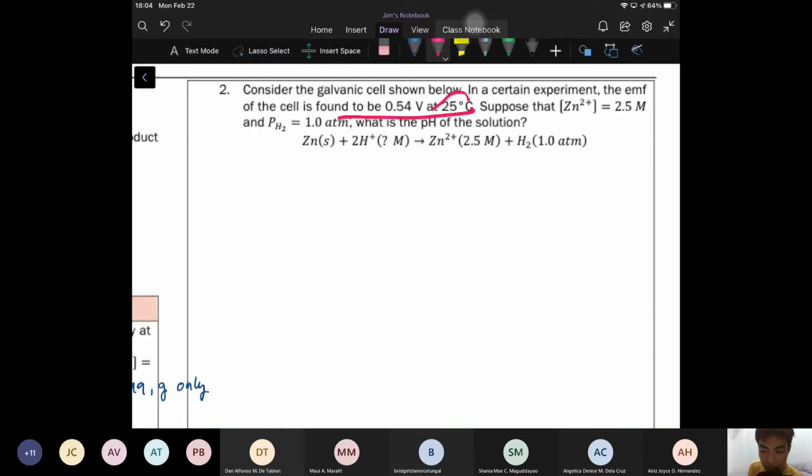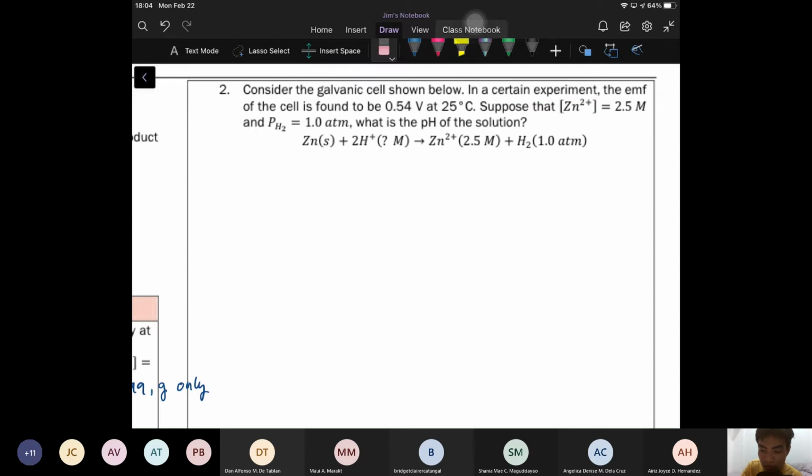At standard condition, 25 degrees Celsius, ito yung E-nut cell mo. Ay, hindi pala. In a certain experiment pala yung nakasulat. Sorry, di ko nabasa. So, ibig sabihin, ito yung E-cell ng experiment natin. Hindi siya yung E-nut cell. Na-overlook ko yung in a certain experiment. Okay.